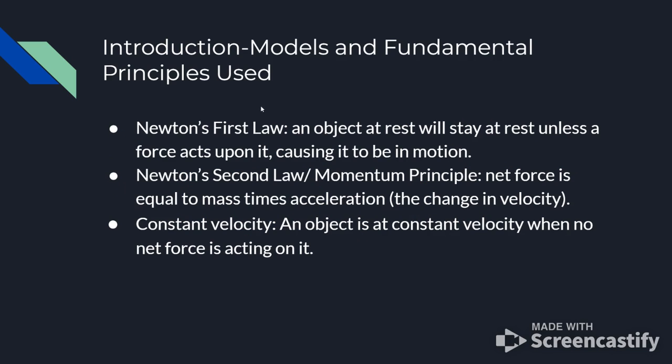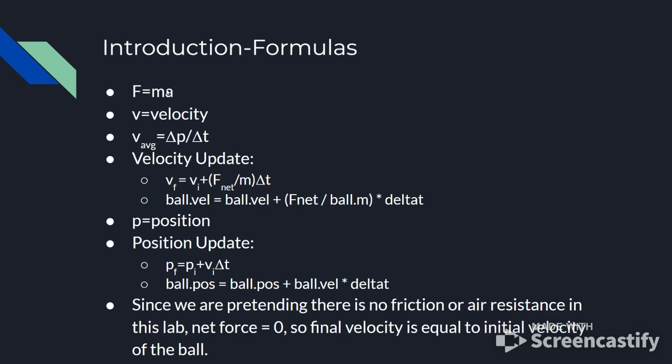Models used are Newton's first law: an object at rest will stay at rest unless another force acts upon it. Newton's second law: net force is equal to mass times acceleration, and constant velocity, which happens when there's no net force acting on the object. So force equals mass times acceleration.